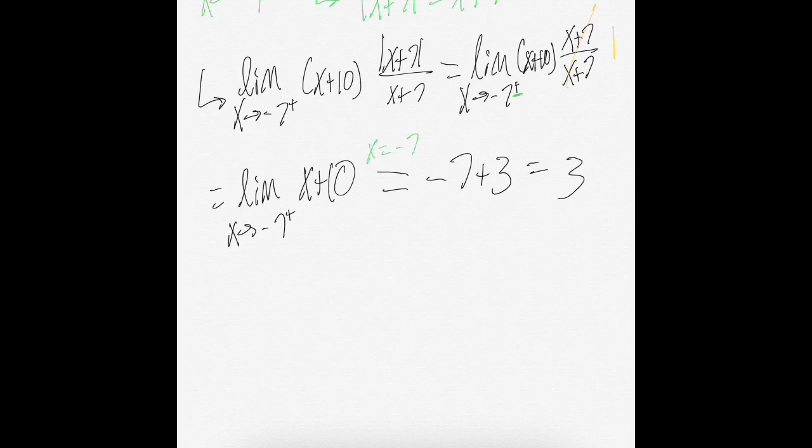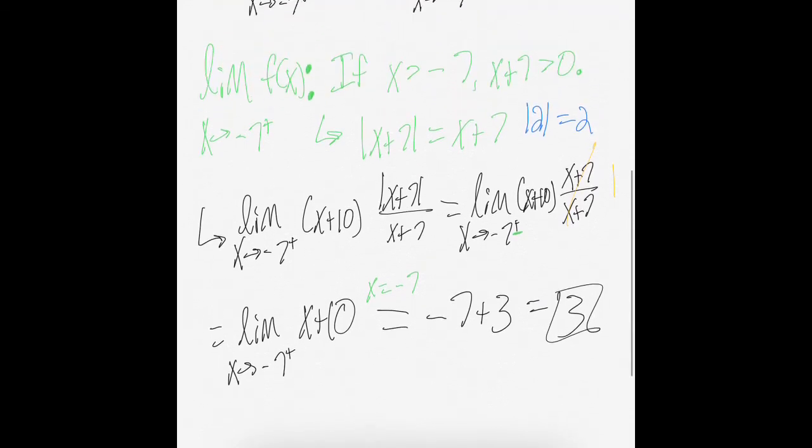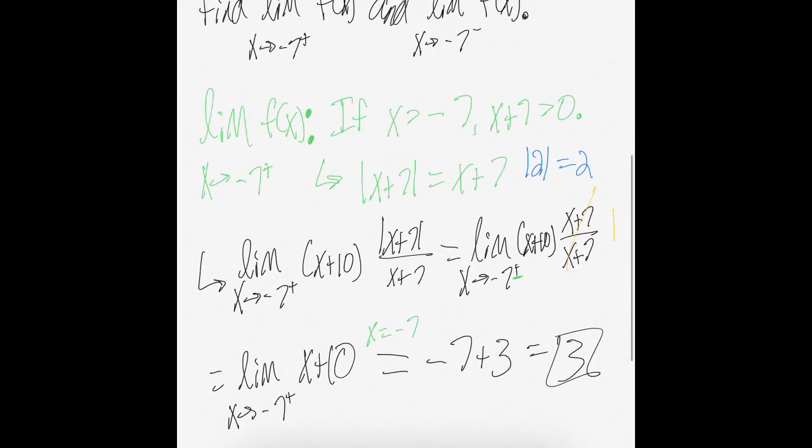So this we found by plugging in x equals negative 7. For this first limit, it was important that we knew that we were approaching from the right-hand side because that led to the nice observation that we could drop those absolute value bars.